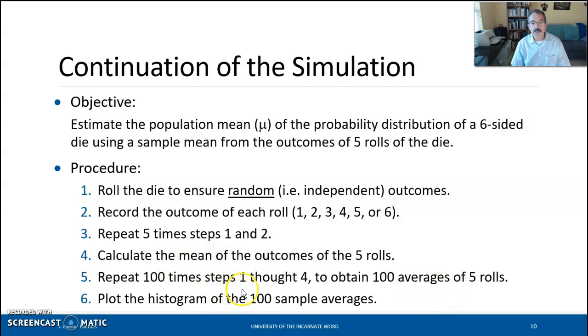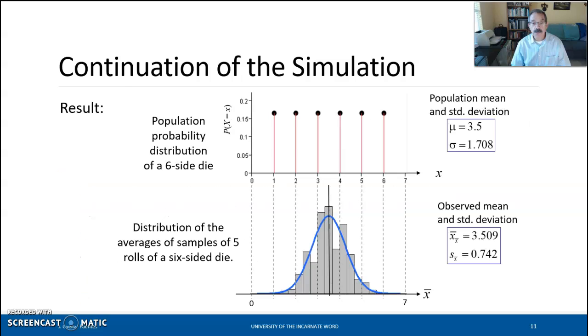And then we're going to plot the histogram of those 100 averages. All right, if we could do that physically, then we will have something like this. Here I have the population probability distribution of the 6-sided die with its mean and standard deviation, and the probability only occurs at the integer values.